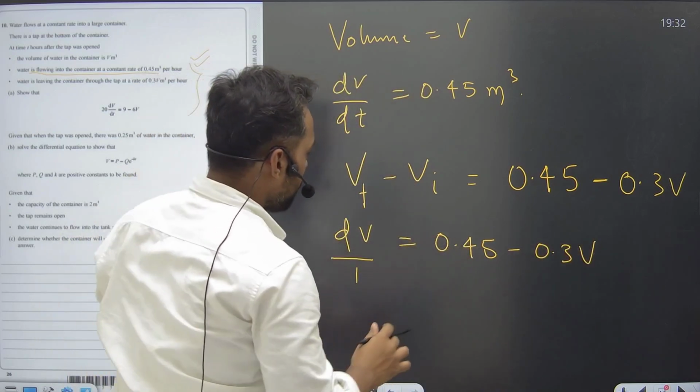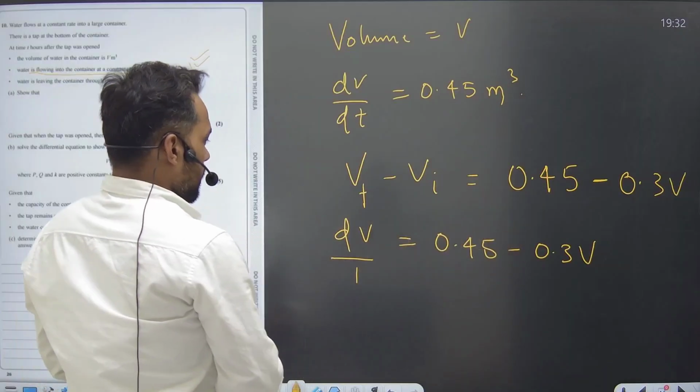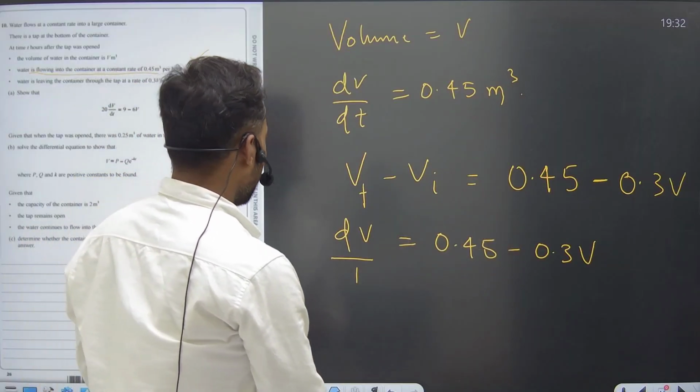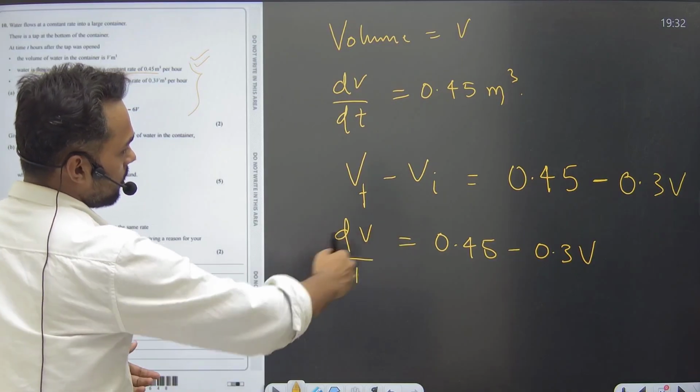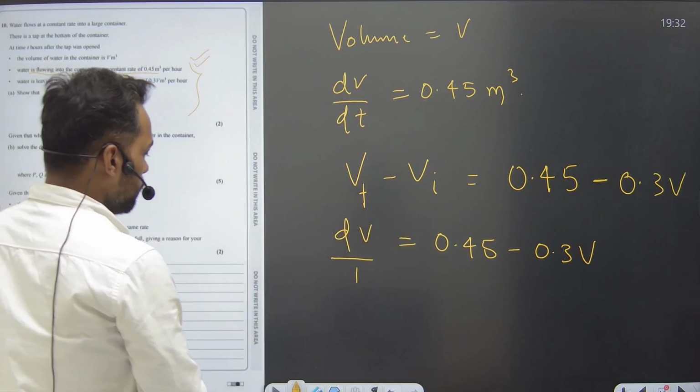Now we just need to write this equation in fraction format.